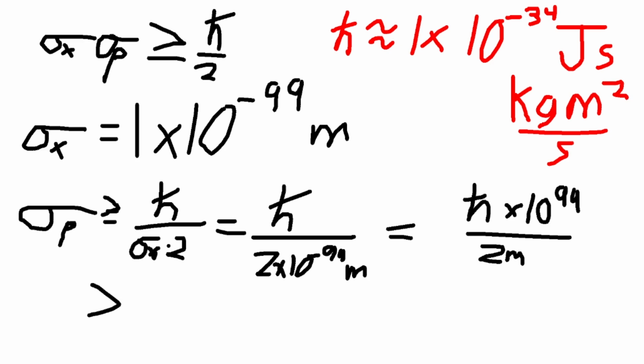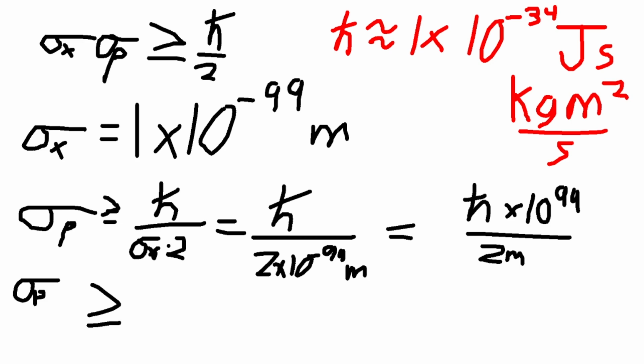So sigma p is greater than or equal to, on the top, 1 times 10 to the minus 34 times 10 to the 99. When you're multiplying things with different exponents together, you add up the exponents.